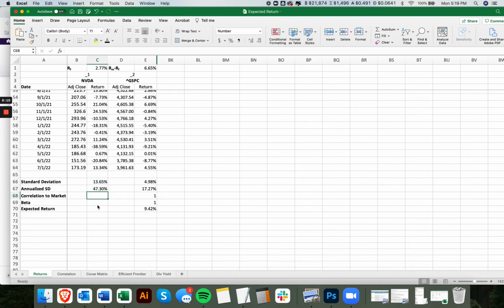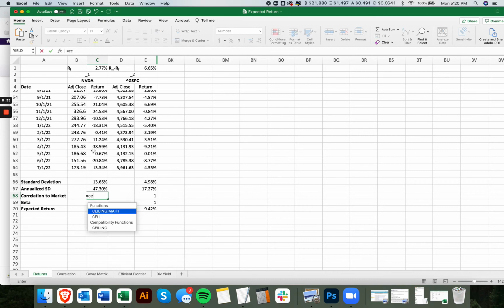And correlation of the market. So we're going to look at how this stock correlates to our market proxy. Essentially, that just means, if the S&P 500 goes up, does Nvidia go up? If so, it's going to be positively correlated. Let's say the S&P 500 went up and Nvidia went down. In that case, that would be negatively correlated.